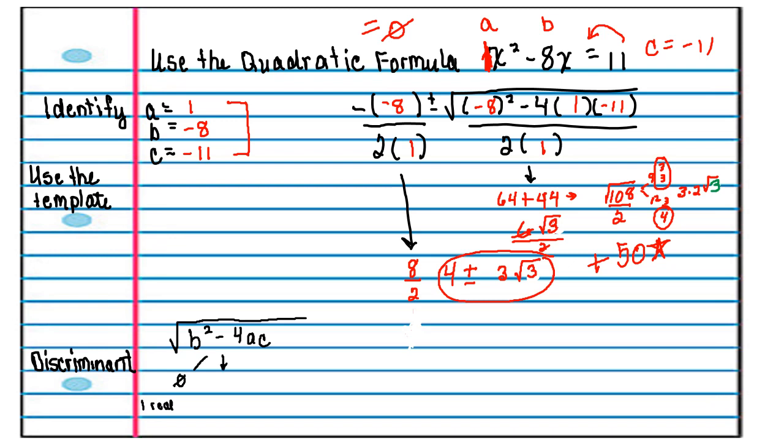If what happens under here gives you a perfect square root, or it gives you a nice radical, you have 2 real answers, or 2 radical, or what we call irrational answers.